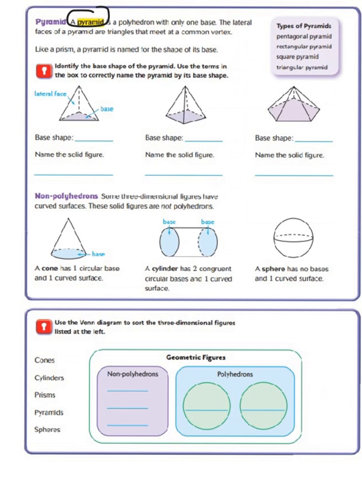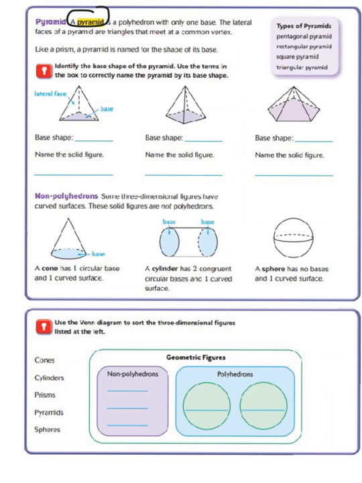Now remember, it says a pyramid is a polyhedron with only one base. If you look, they do all only have one base, and it all meets at a common vertex right up here. So let's look at our base shape for this pyramid. If we look at it, we notice that it forms a triangle.